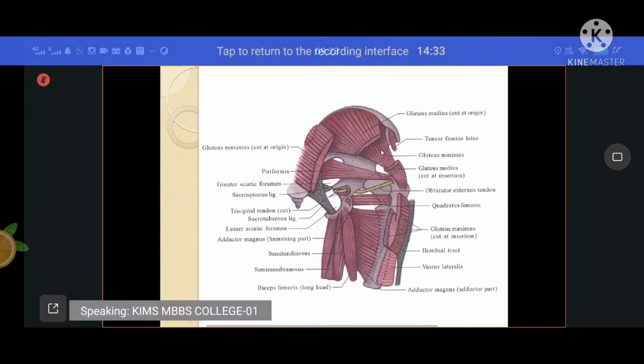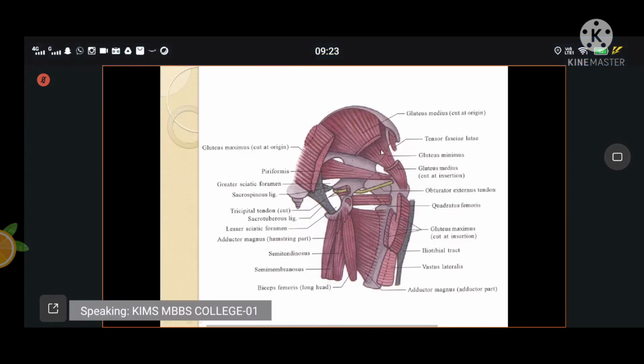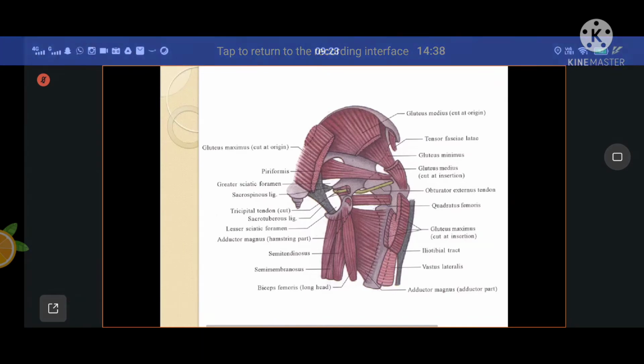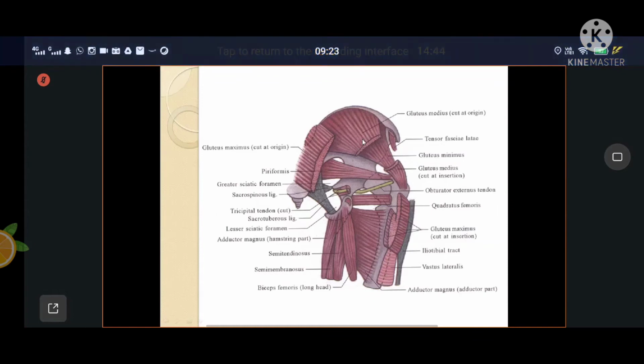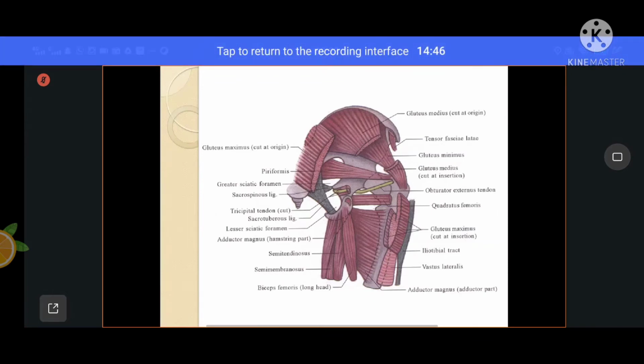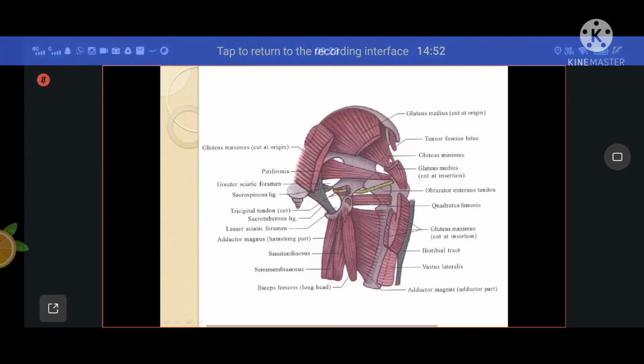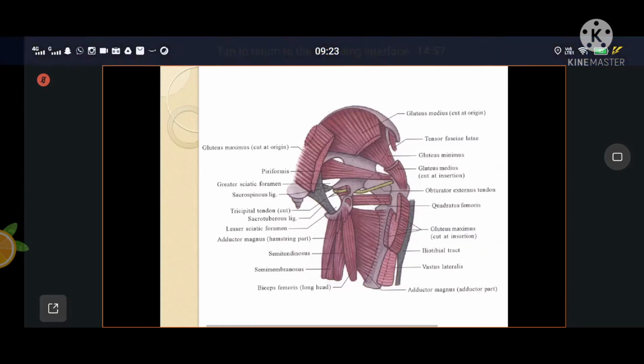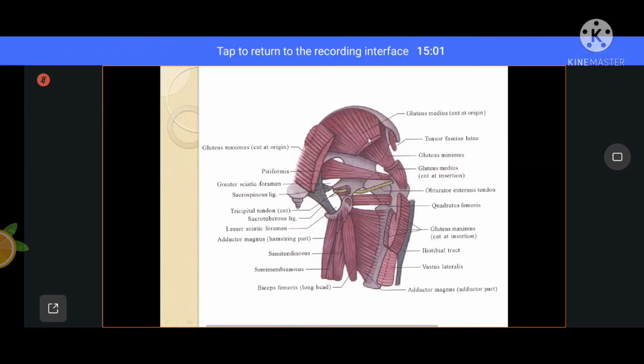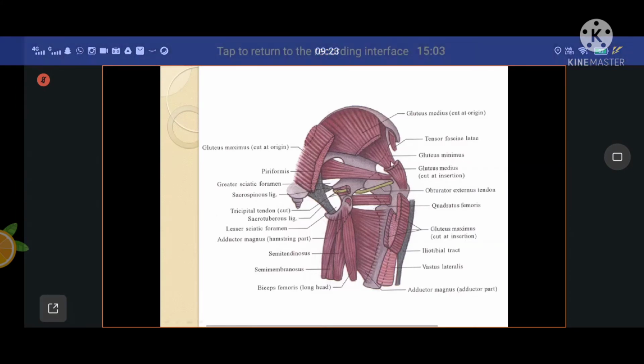Both have the same nerve supply, the superior gluteal nerve, and both have the same action: they are the medial rotators of the hip joint and abductors of the hip joint. Moreover, they stabilize the hip bone when we are walking. So this is all about gluteus medius and gluteus minimus.